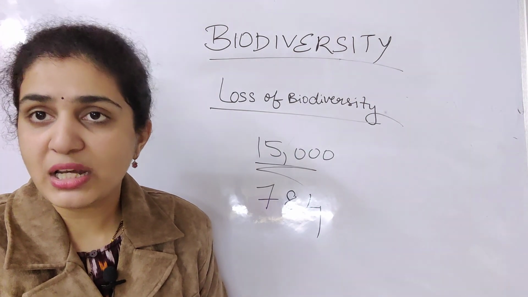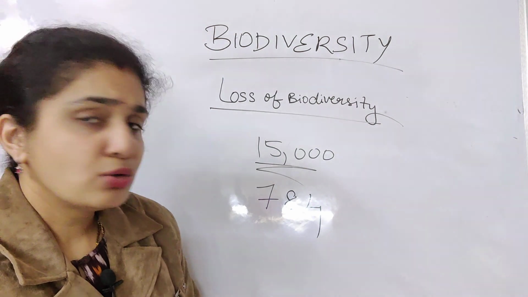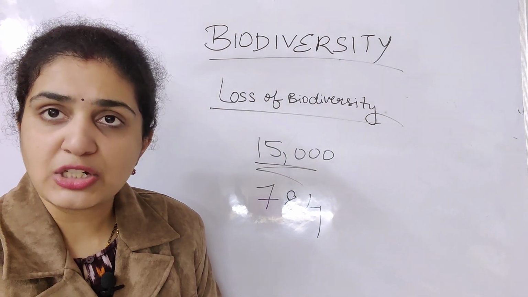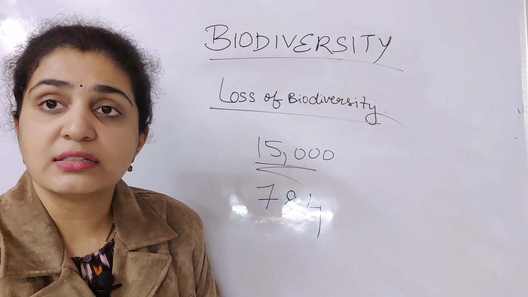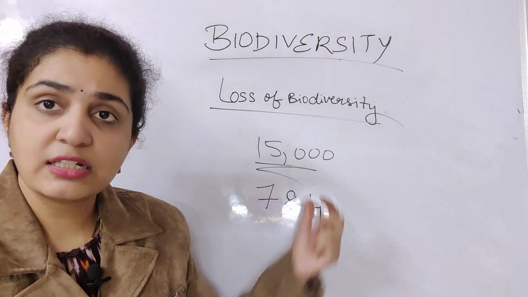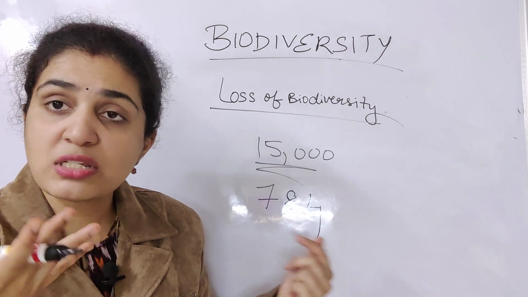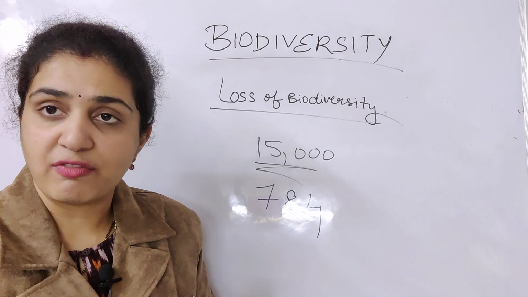Each variety, how many species are there, that is very important. So about 784 species got extinct, and 15,000 are going to get extinct. Means you cannot see the species variety ever again.